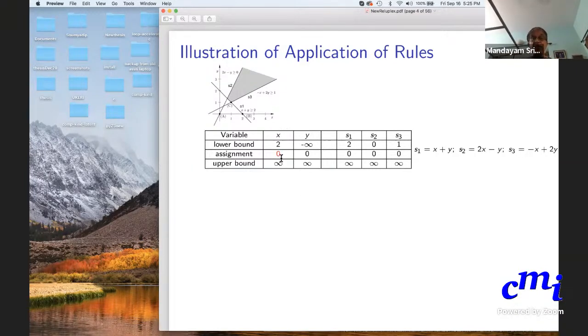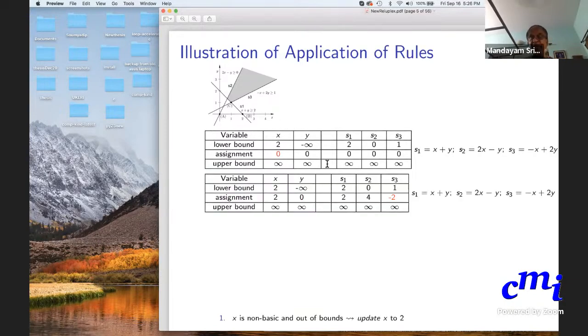You're starting with the initial assignment of 0 to everything, which means that the non-basic input variable x is out of bounds, and therefore you'll have to fix that. You do that using an update operation, bringing x to its lower bound, by changing the assignment to 2.